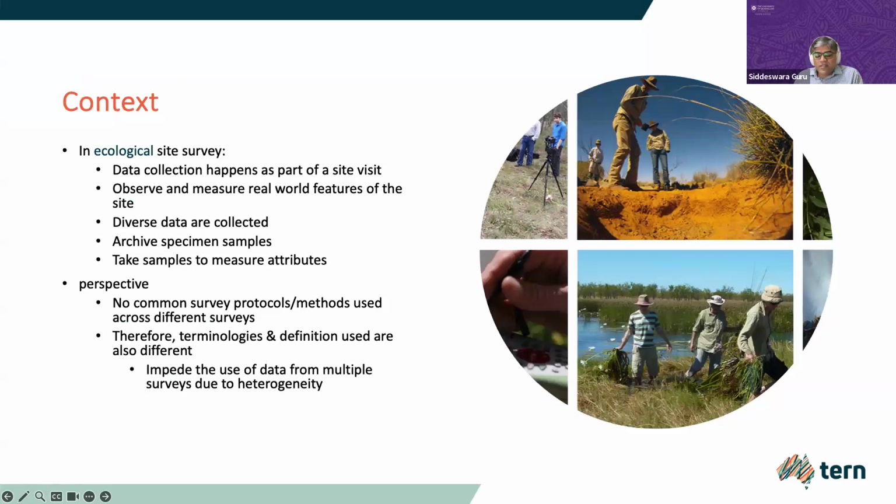So just to provide a context, in any ecological systematic survey, anybody who collects the data goes to a site, and then the data collection happens as a part of the site visit. So the observation and measurement are made about the features of a site, and then diverse data is collected. When I say diverse data, it can be flora survey, fauna survey, geological survey, and then the specimen collection as well.